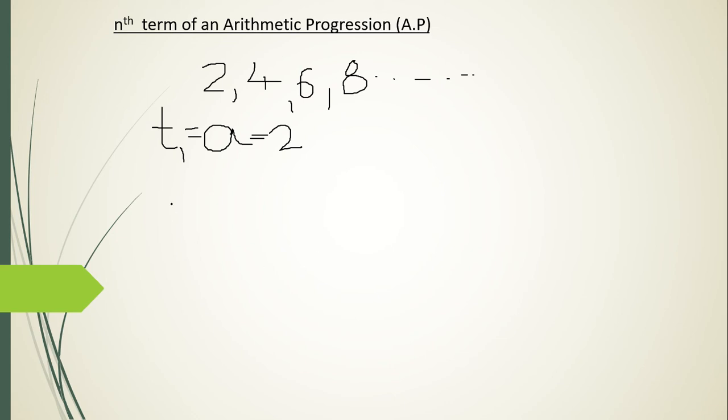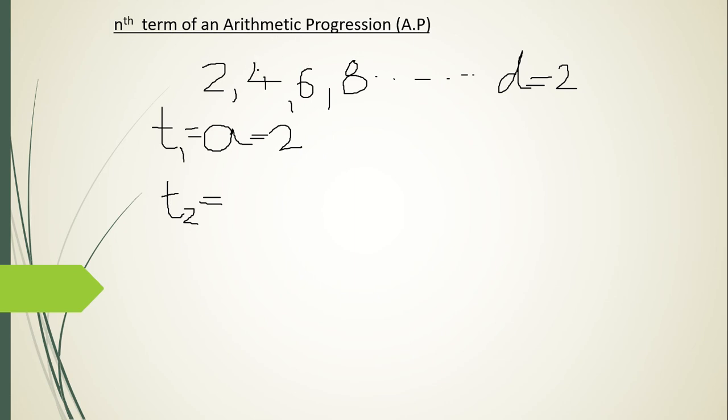Now how do we get the second term? The difference here is 2, right? The first term is 2, so how do I find the second term? Plus 2. How do I find the third term? Plus 2 again.